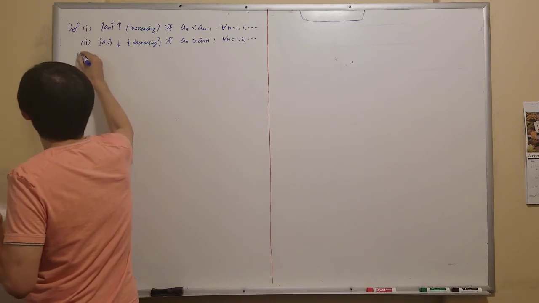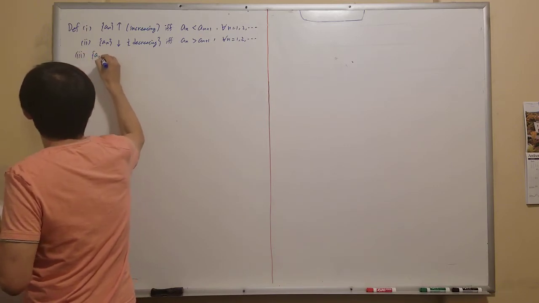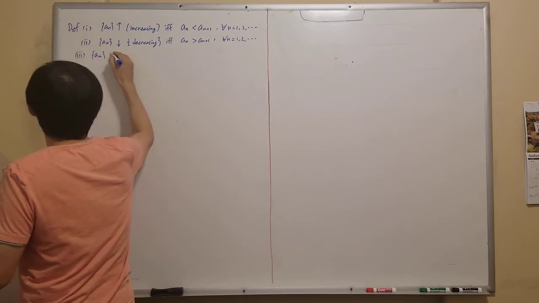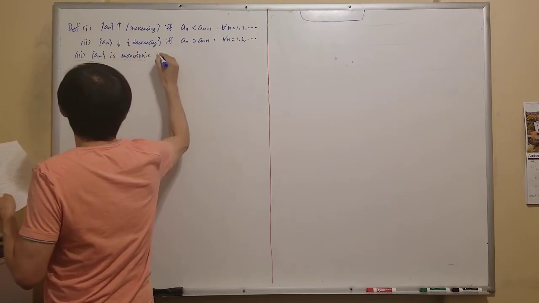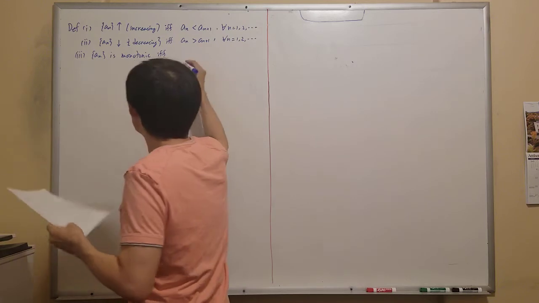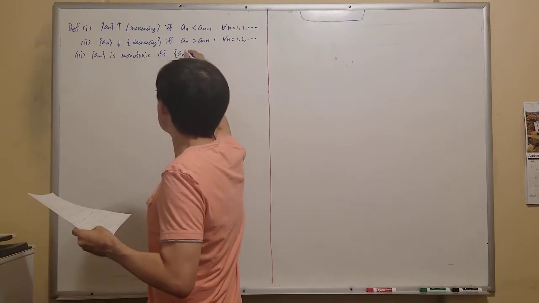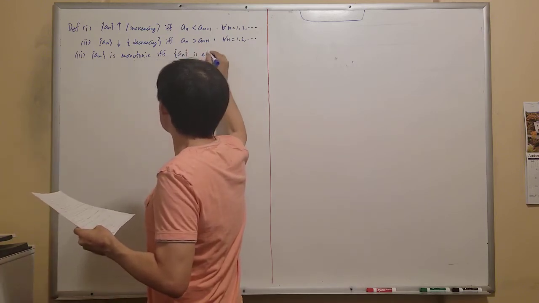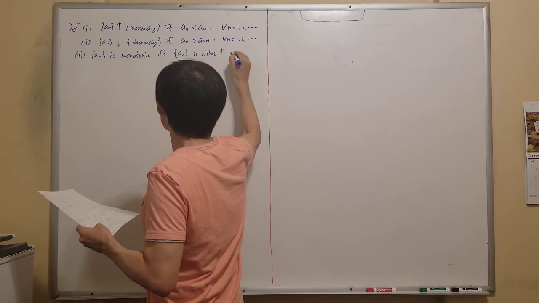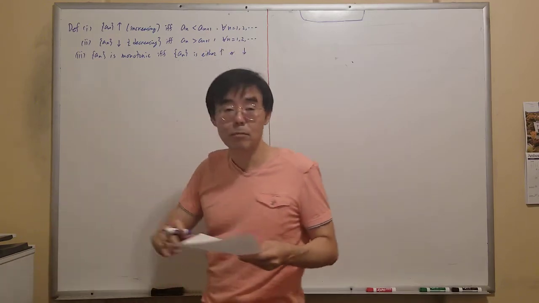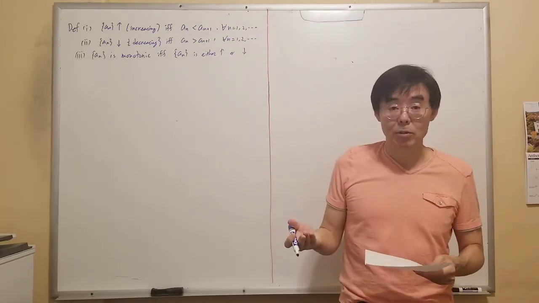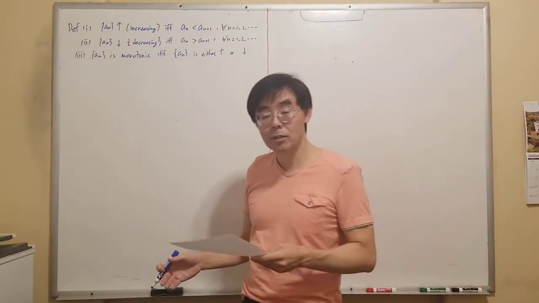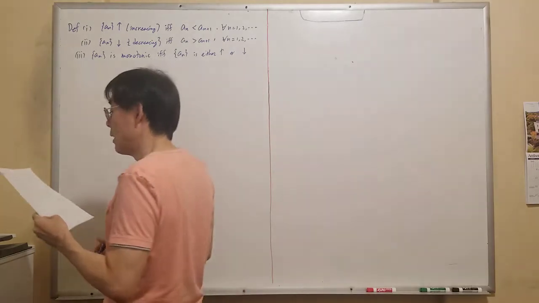Now, a sequence is called monotonic if and only if your sequence is either increasing or decreasing. Both cases are called monotonic. The increasing sequence is a monotonic sequence. A decreasing sequence is also a monotonic sequence.